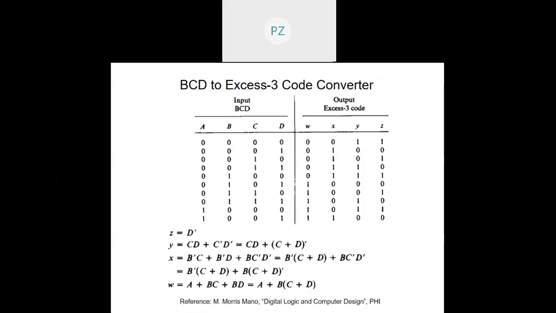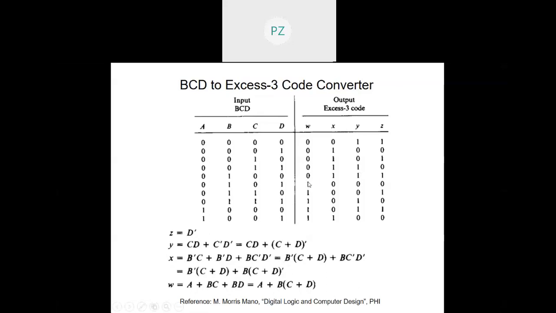So let me go to the next slide to carry out the K-map minimization. You see, for W, what terms am I getting? I'll show you.